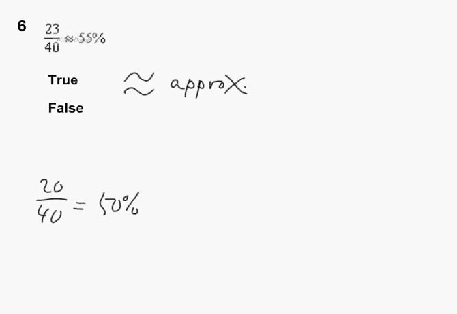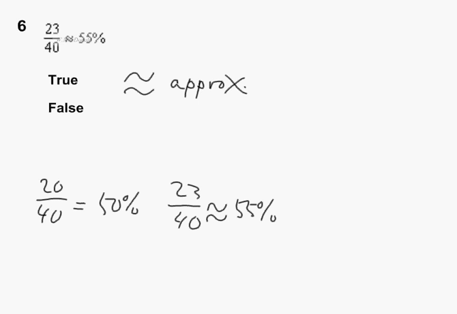So was question 6. It says 23 out of 40, and this symbol that we talked about means approximately. Right? It's approximately. So we'll say, well, 20 out of 40 is really 50%. So if I'm thinking 23 out of 40, you know what? That's probably pretty darn close to 55%, even though I don't know what it is.